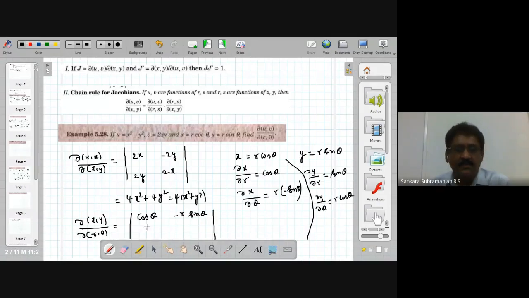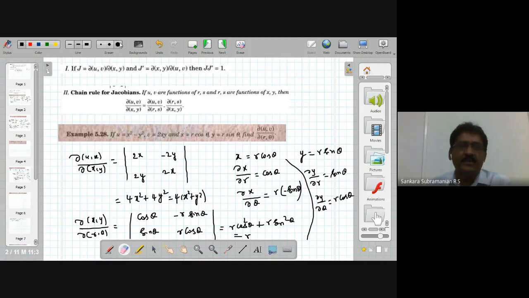Coming to the second row, we take the second variable y with respect to the first one. So ∂y/∂r is sin theta, and ∂y/∂θ is r cos theta. If you do the evaluation, you get r cos square theta plus r sin square theta, so you get r as the value.